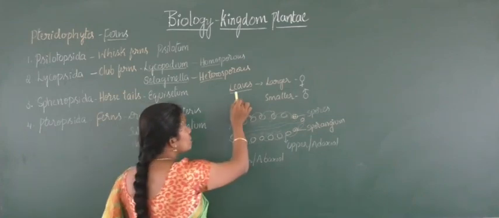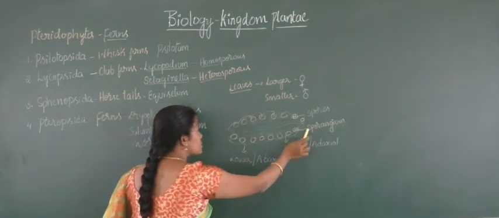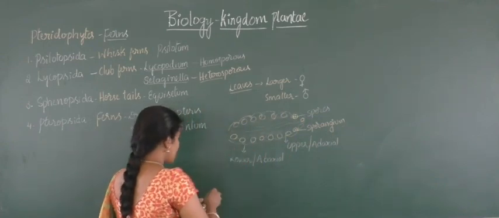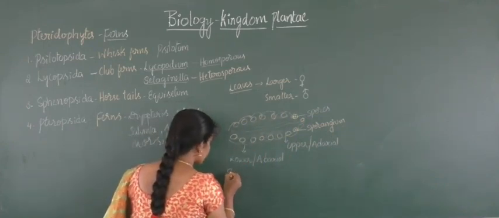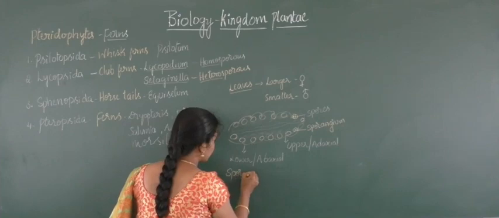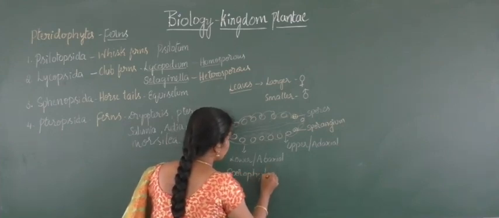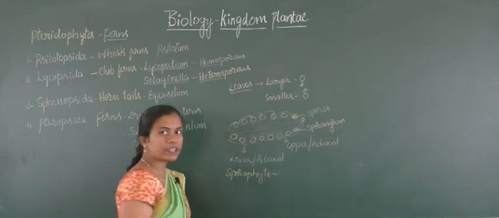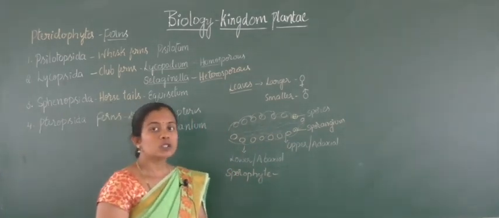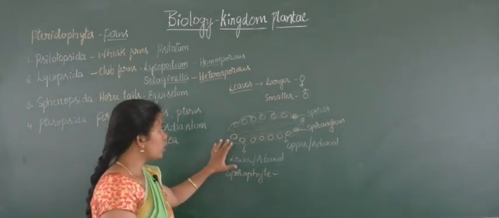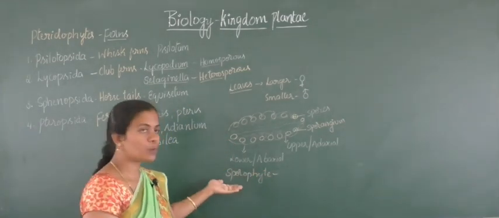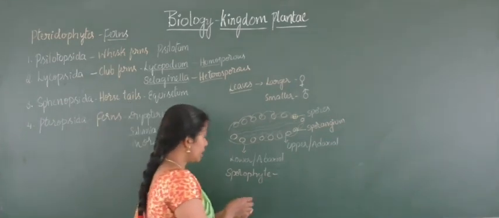The leaves which bear spore-like structures, the sporangia, on the lower surface are called sporophylls.